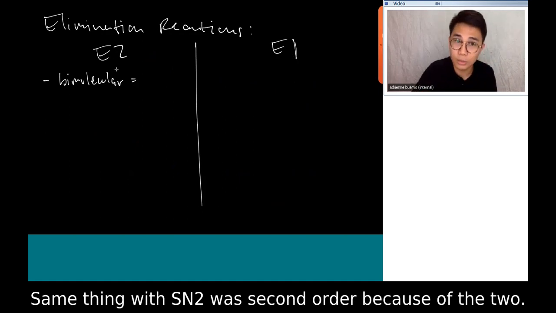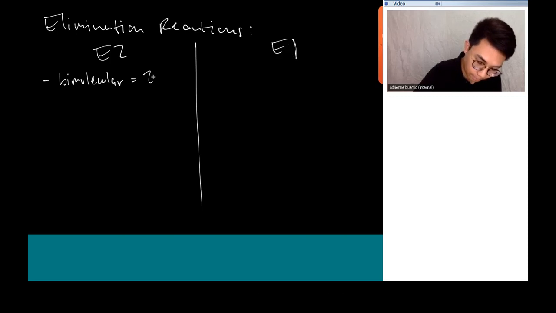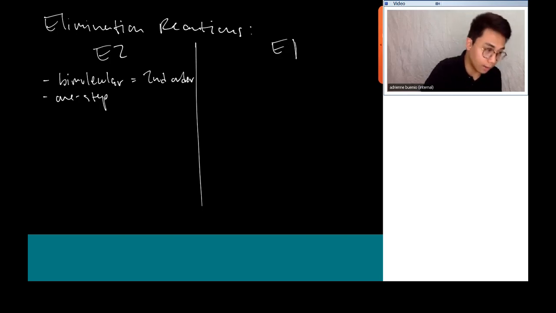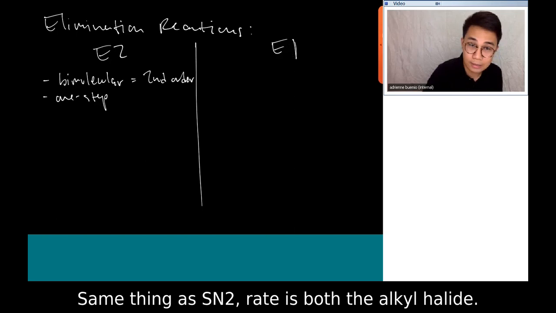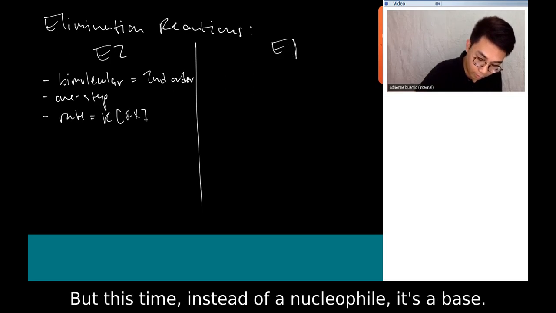Same thing with SN2. It was second order because of the two, right? So second order and one step, and there was also rates. Same thing as SN2. Rate is both the alkyl halide, but this time instead of a nucleophile, it's a base.